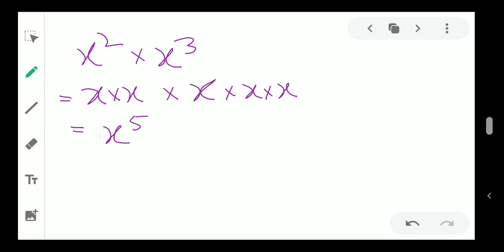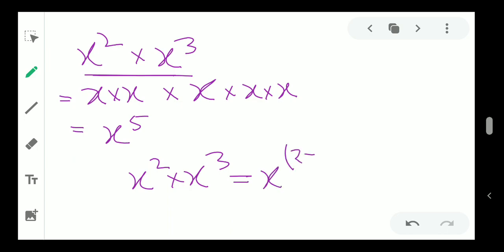So I can directly write this. It means that when you multiply the same variables with powers, the power adds up. So that's why with 2 and 3 we are getting x to the power 5. That means this into this is equal to x to the power 2 plus 3, that is 5. So this is the final result.